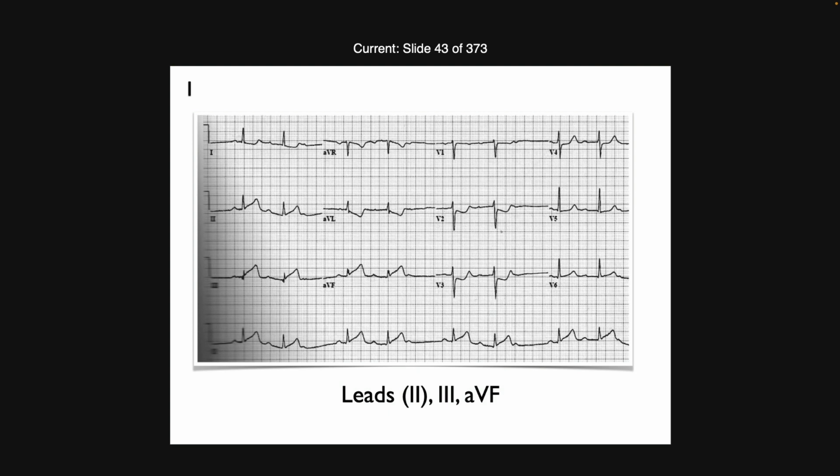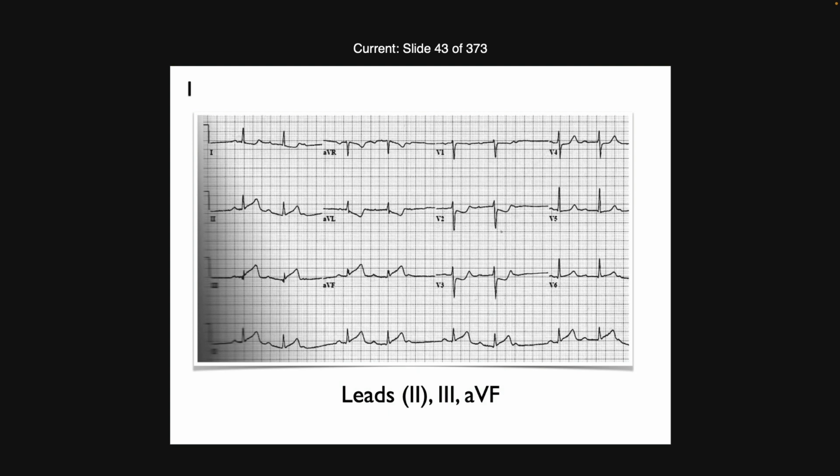This is a really good use of both reciprocal changes and hyperacute T waves, because yes, we have some ST elevation in 3 and aVF, but it's not the kind that jumps out and slaps you in the face. It's pretty subtle, but the reciprocal changes and the T-wave changes are not subtle. So I would have no trouble calling this in as an inferior STEMI with possible posterior involvement.